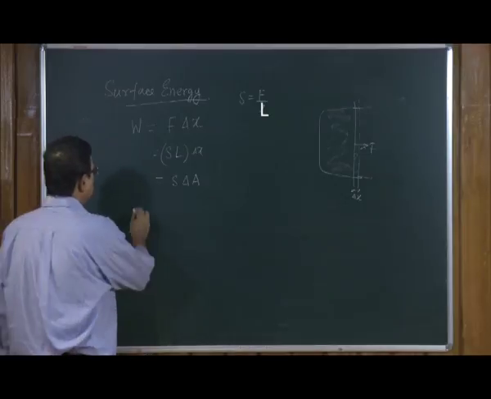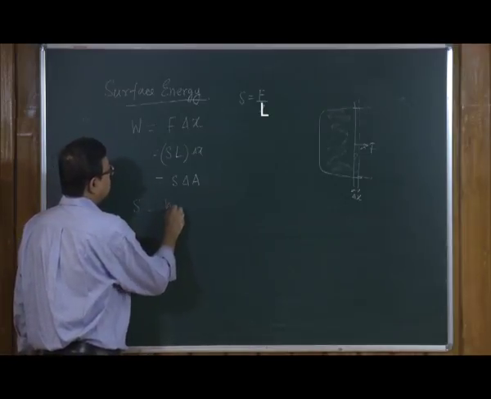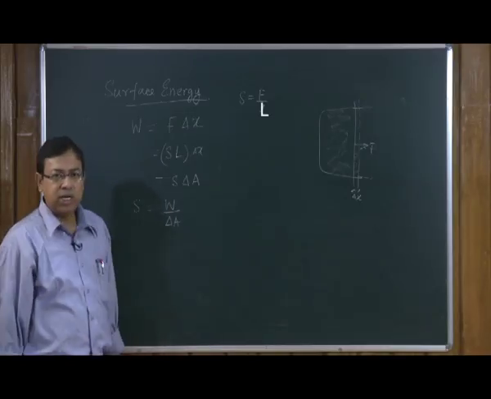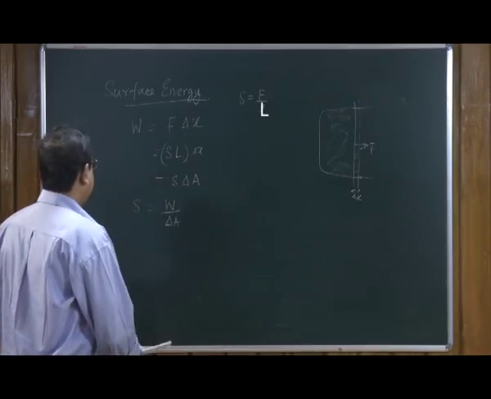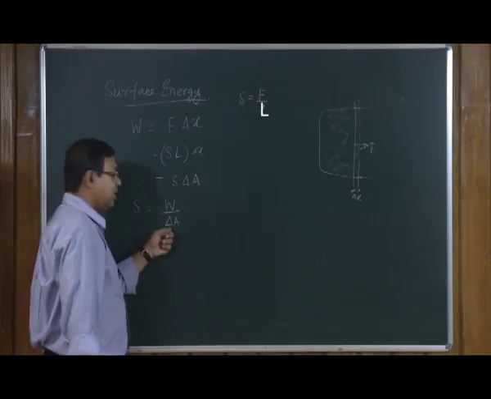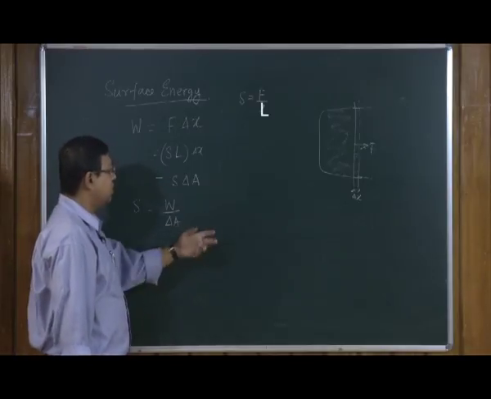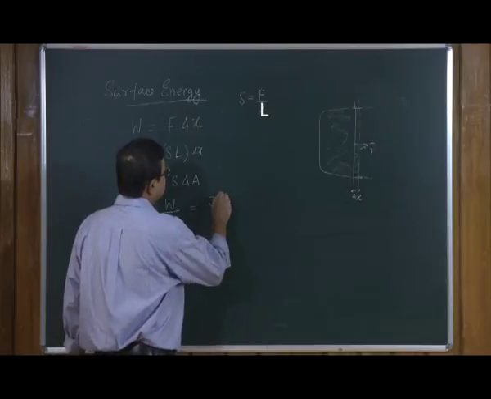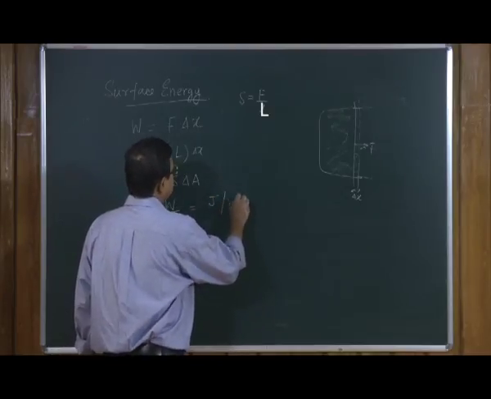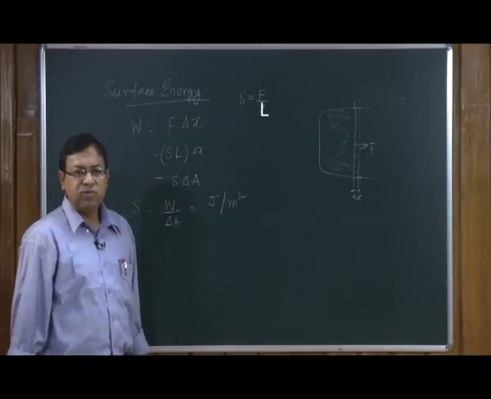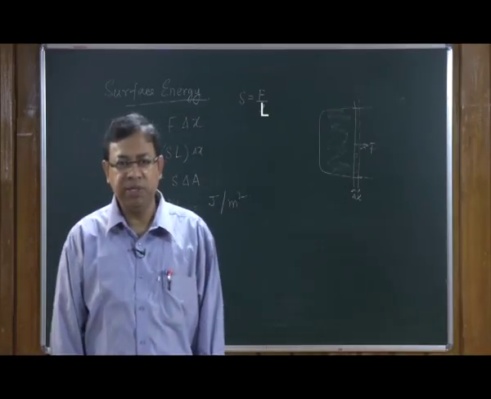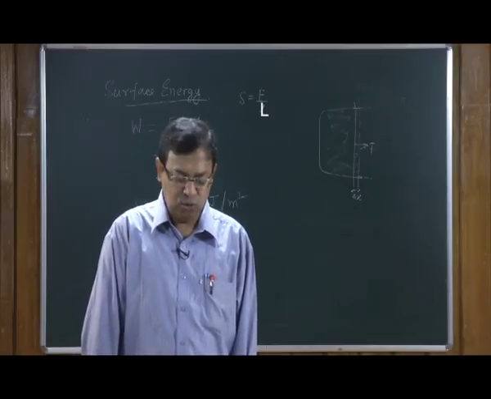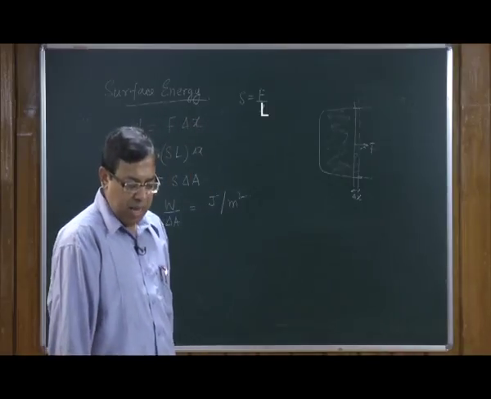So, we can also write that S is equal to W over delta A, where W is the work done in the process and delta A is the net change in area because of this work being done. So, this also can be represented in joule per meter square, and as we have seen that it is represented in Newton per meter, it is also represented as joule per meter square.